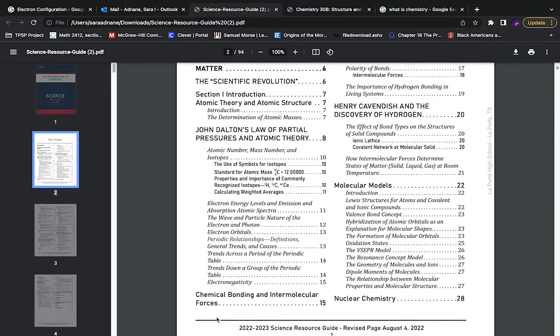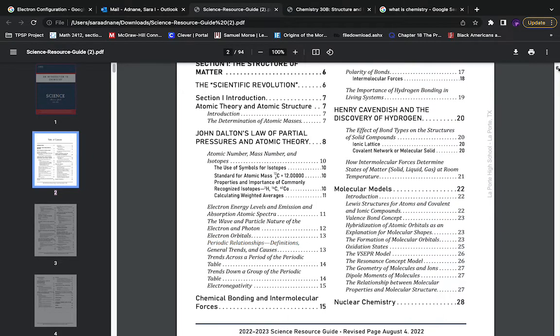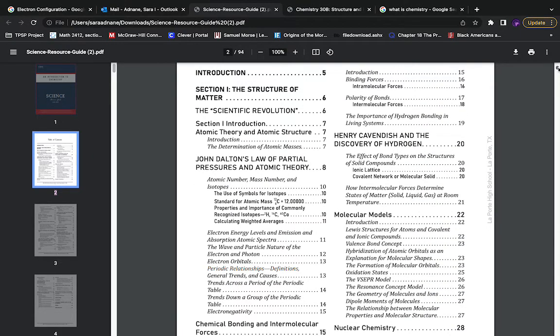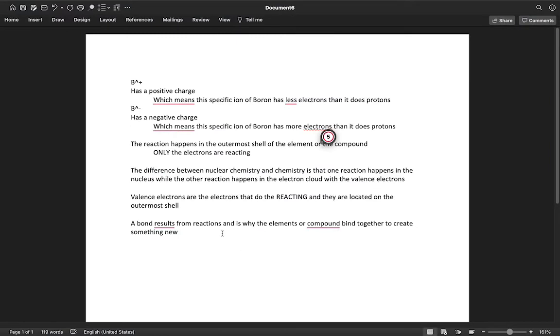On the very next section, chemical bonding and intermolecular forces, we get into what an intermolecular force is and what these binding forces are called. So I know I used the word binded here, which is not a better way of saying it; bonded is. Yeah, bonded together to create something new.